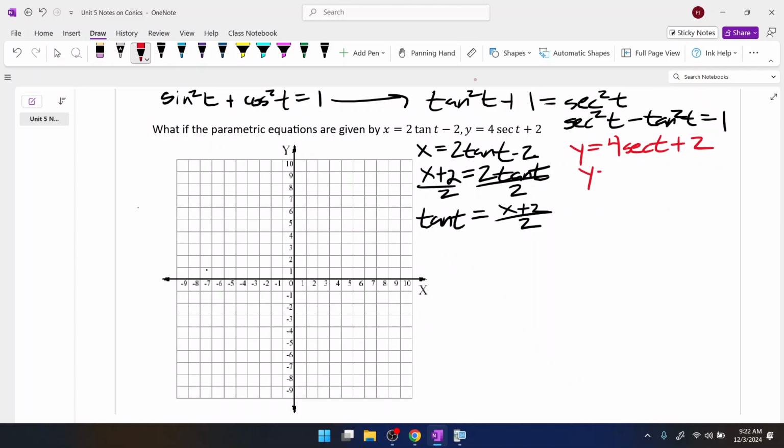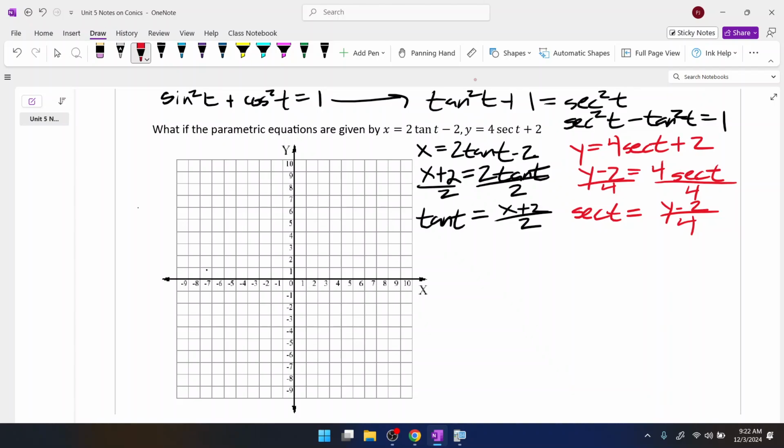So now you have y minus 2 equal to 4 secant of t. We divide out by the 4s, and you have secant of t equal to y minus 2 over 4.